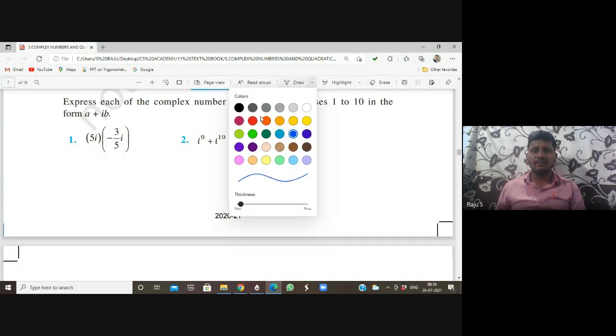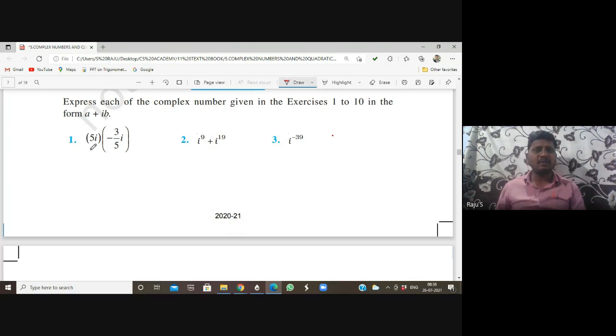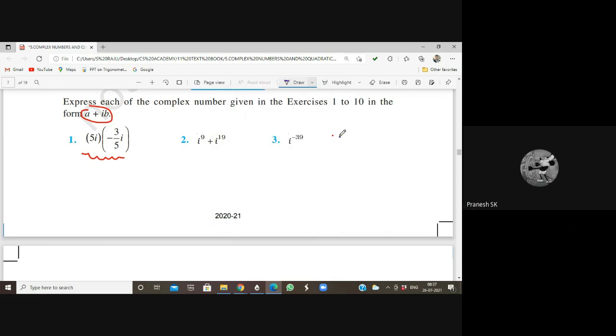Tell me the answer for this: express each of the complex numbers given in exercises 1 to 10 in the form a plus iota times b. Tell me the answer. Student: The first one is 3 plus 0 iota.